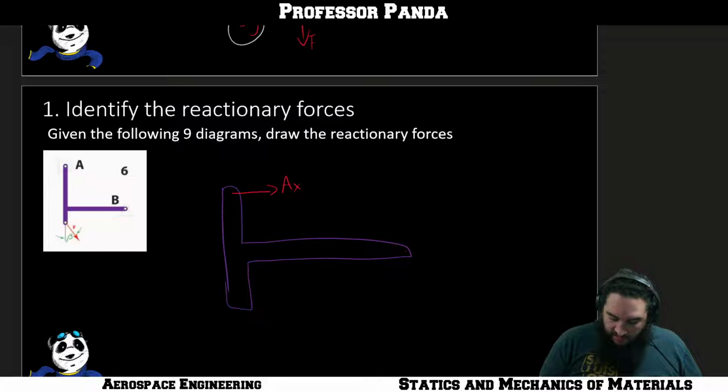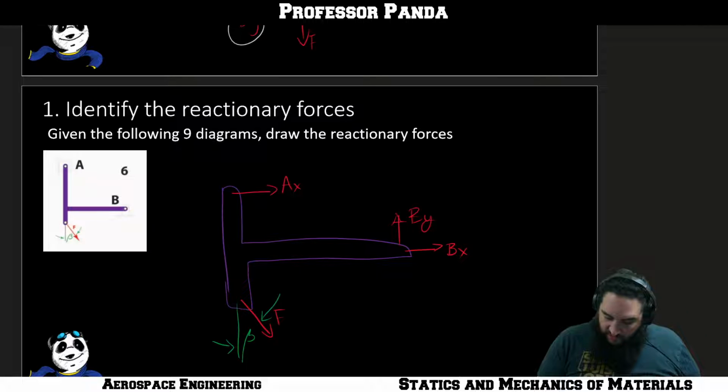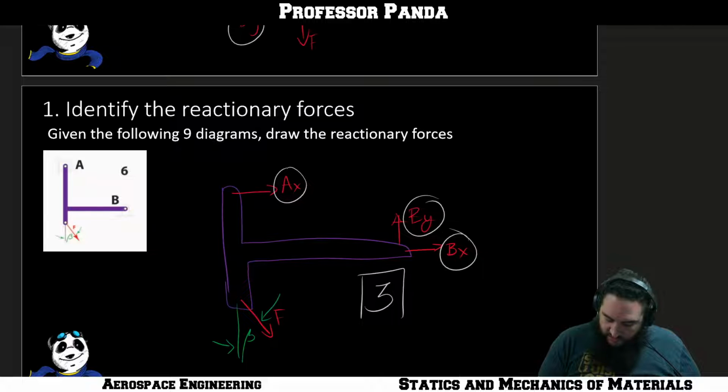B is a pin, so we're going to get a BX and a BY. Externally applied force F is attached with a Bravo. So the answer to this problem is we're going to get 1, 2, 3 reactionary forces.